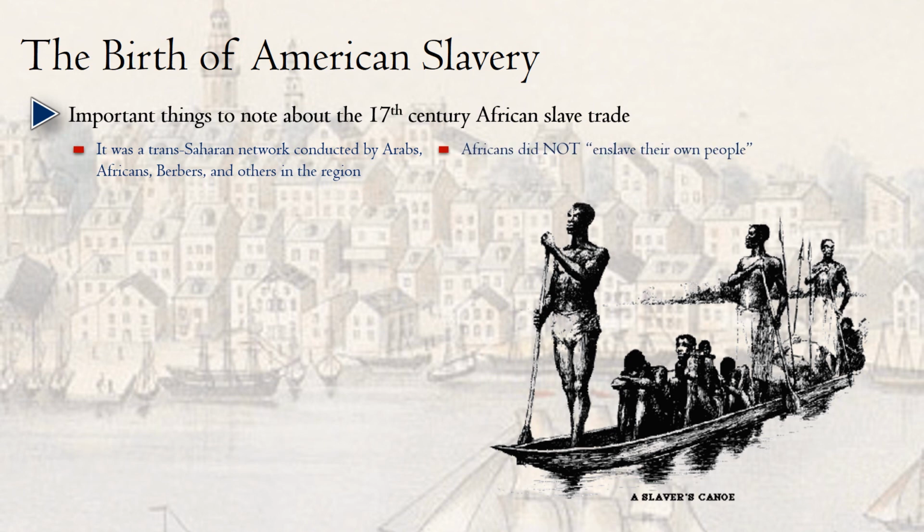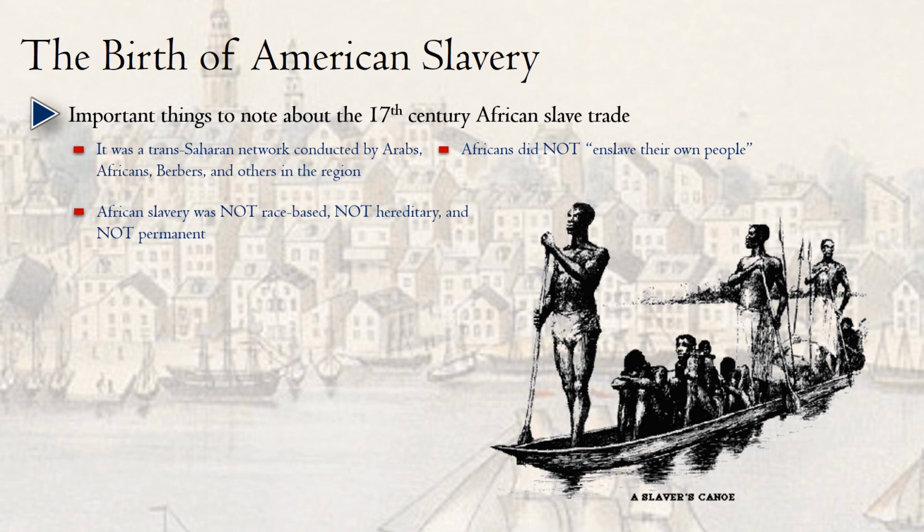So Africans did not enslave their own people, as is commonly charged. One African does not necessarily look at another African as the same person. Africa is a diverse continent, not a single country. There are more than 1,000 different languages spoken on the African continent, and they fought with one another and quarreled with one another and do not see themselves as the same people.